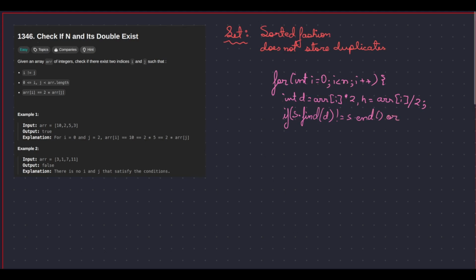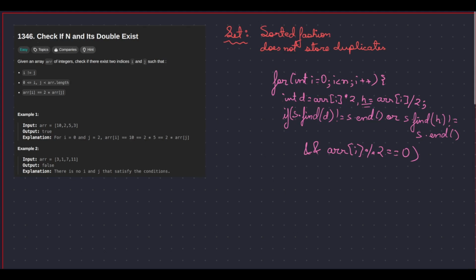Or maybe half exists, so s dot find half not equal to s dot end, and we need to check if this is completely divisible, and arr of i modulo 2 equal to 0.